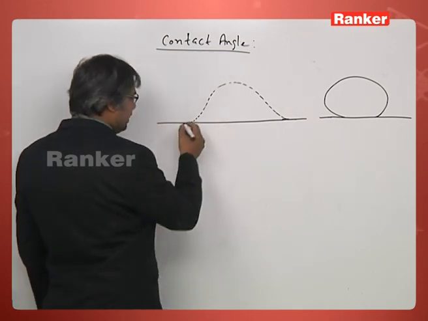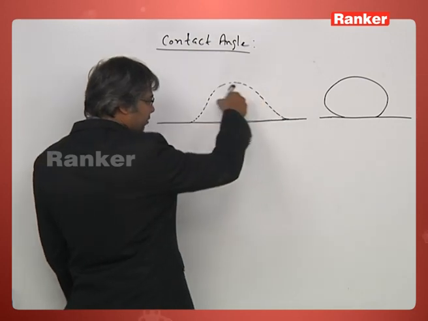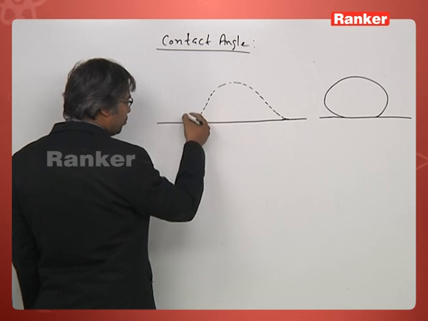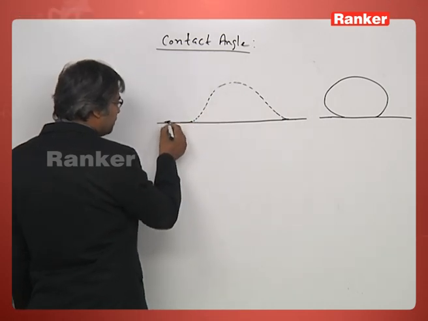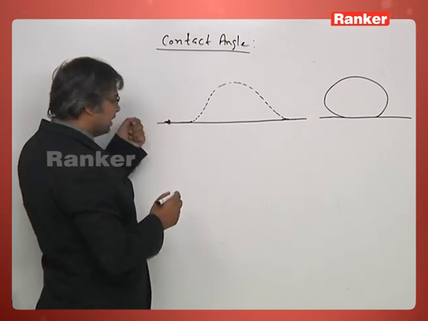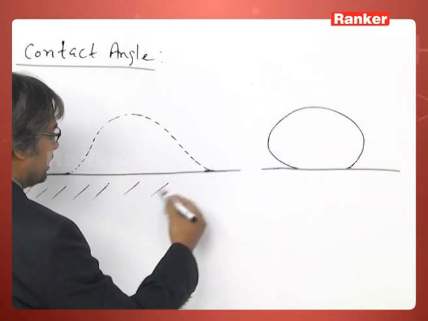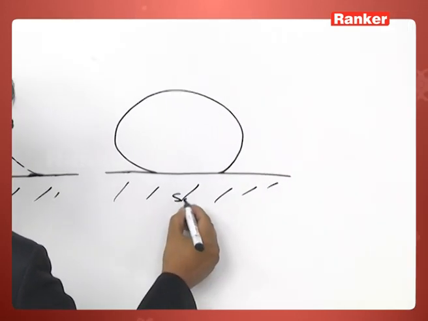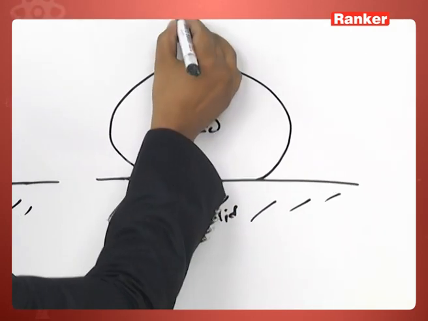So, here just see the boundary of this. You will have a circular boundary, suppose. Suppose I see this point. Along this curve, if I take a small length, then here we will have a force in this direction. This is the solid surface, this is liquid, and this is gas.